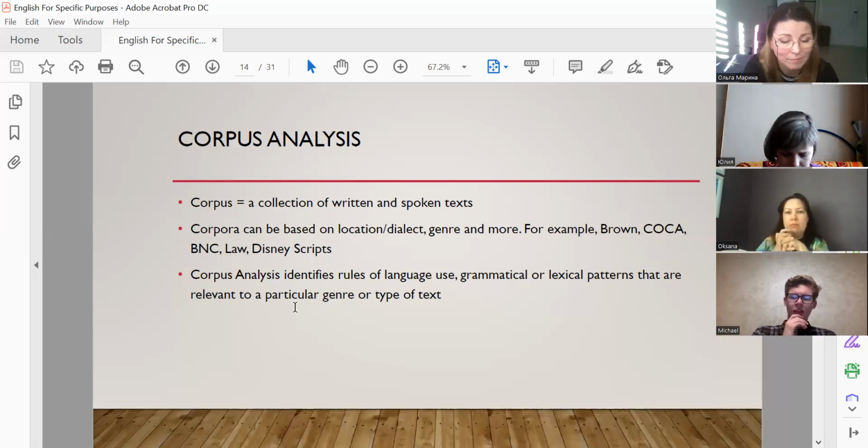Because, as we mentioned before, we as English teachers or language teachers in general might not know how certain words are used in a medical context or in a context of law, or something that is really specific to a particular industry or job. And then we use corpora for that.